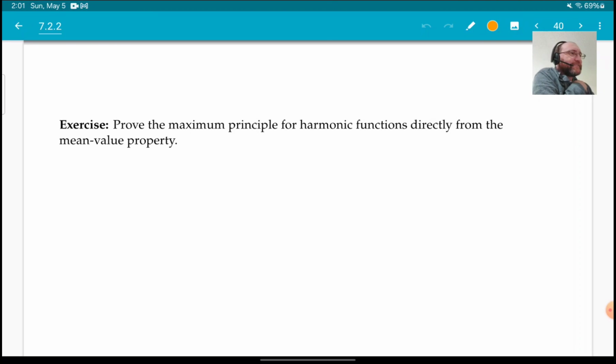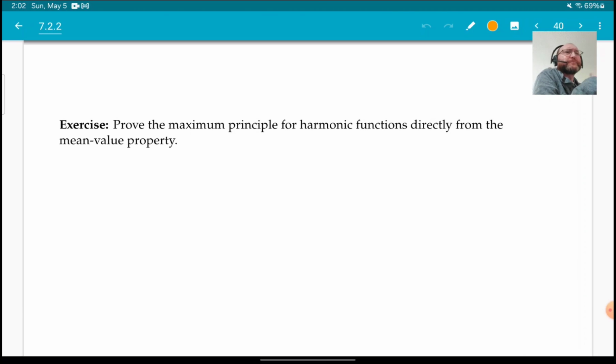The maximum principle is true for harmonic functions in any dimension. It's something that's just about harmonic functions themselves, so it's useful to have a proof that's purely in terms of harmonic functions.